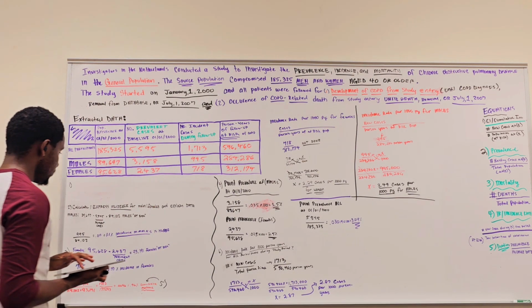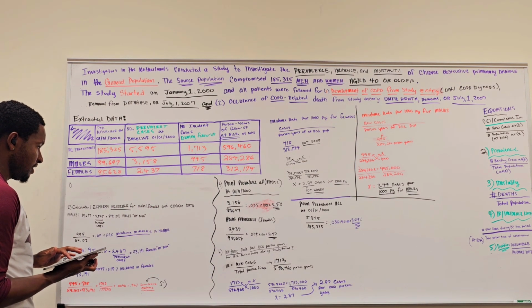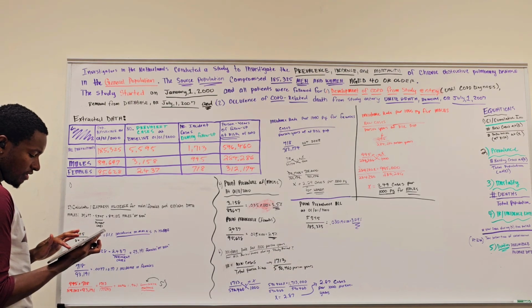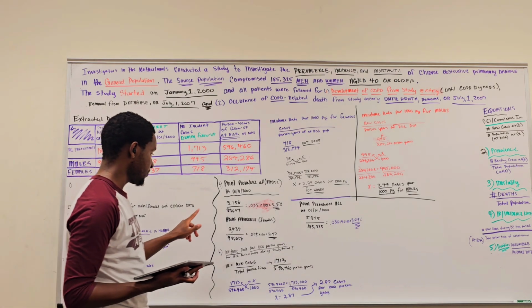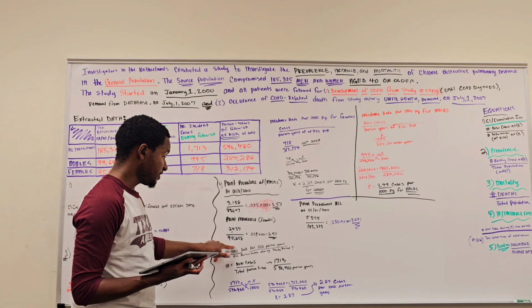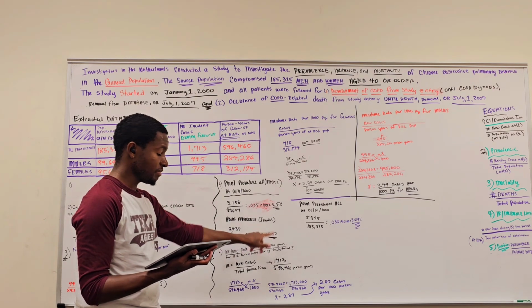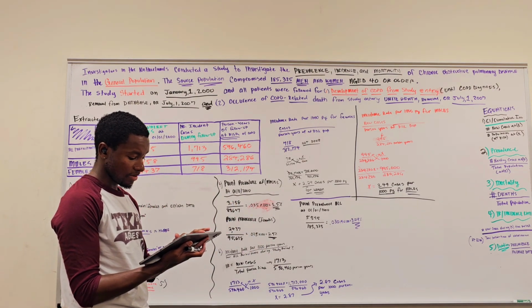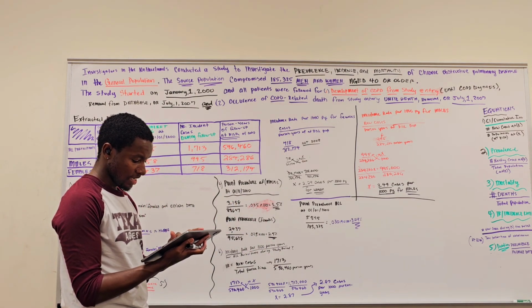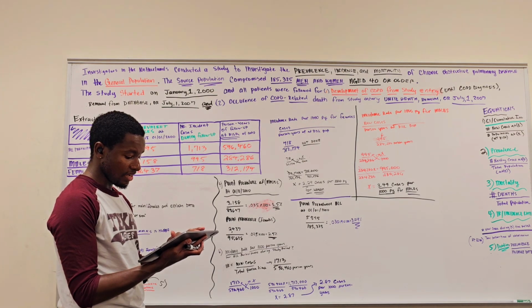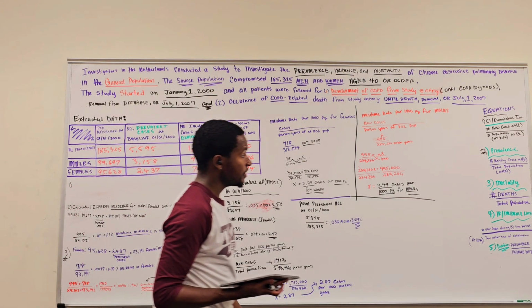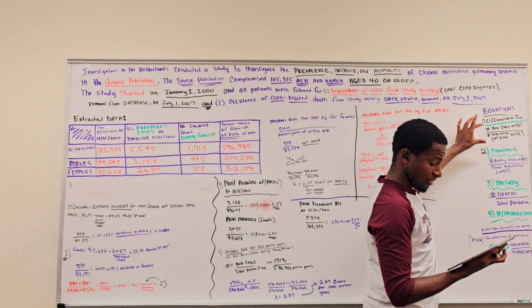All right, and we're going back to, it asks for the point prevalence on question 7, which has already been calculated right here, which it says it's 2.55%, but I got 2.5%, still correct. And the formula to calculate the incidence rate, number 8, is right here.